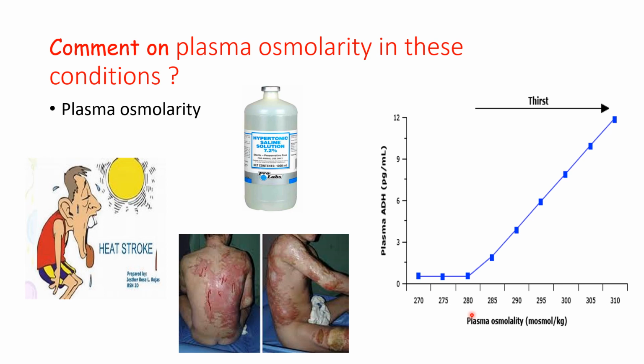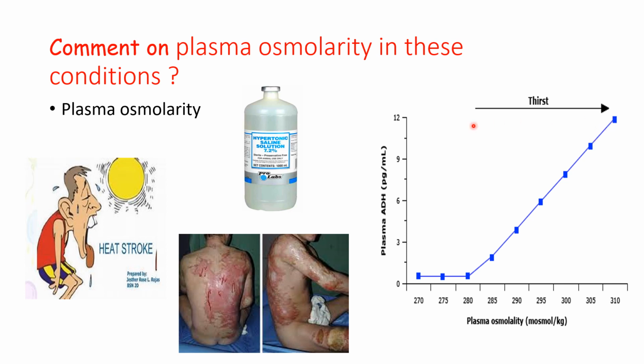We have taken it as normal plasma osmolarity, and the ADH secretion you can also see is normally maintained. Now at this point the plasma osmolarity is increasing, from this point to 295, then reaching 300, then 310.